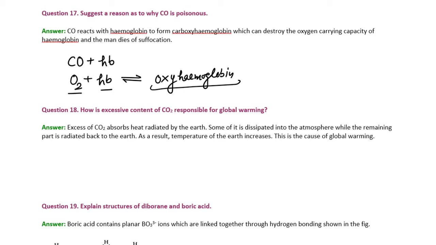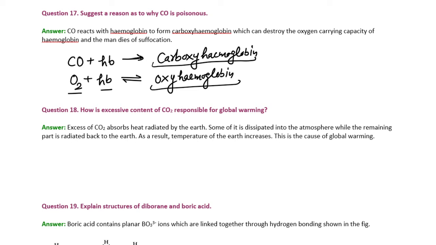But when carbon monoxide is inhaled by the person, hemoglobin reacts with carbon monoxide and forms carboxyhemoglobin, which forms a stronger bond than oxyhemoglobin. It is stronger than oxyhemoglobin and cannot be reversed.